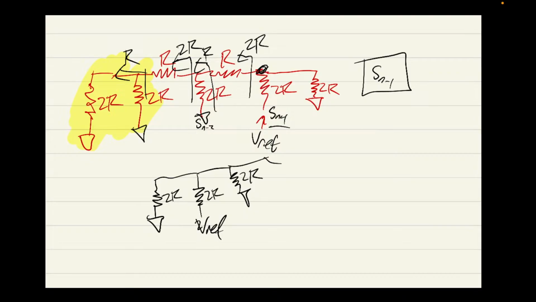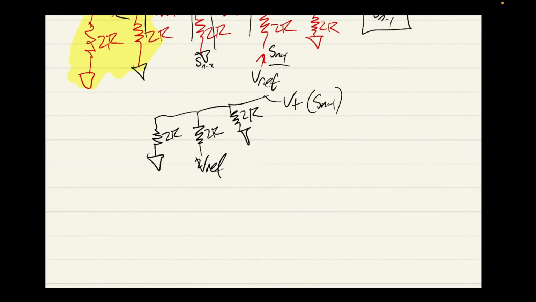Where this voltage is going to be V plus from Sn-1, okay? This is how I'm going to denote my superposition here, and we just need to determine that. We can consider this as a very nice voltage divider of 2R over here, and these 2 resistors combining in parallel to give us R to ground.